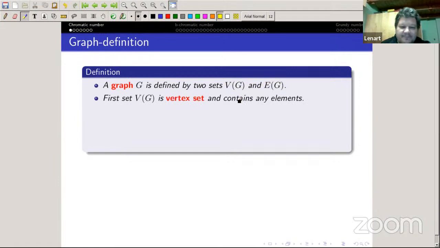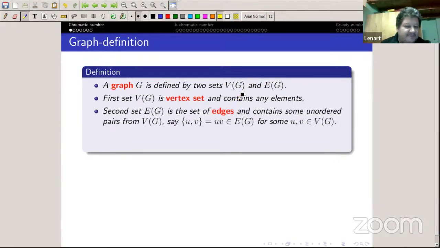In the vertex set we have some elements, it doesn't matter what, it can be anything, but the edge set is limited and contains unordered pairs of vertices. There need not be all unordered pairs, but some unordered pairs. We will just write uv for an unordered pair, and this is then an element of the edge set.